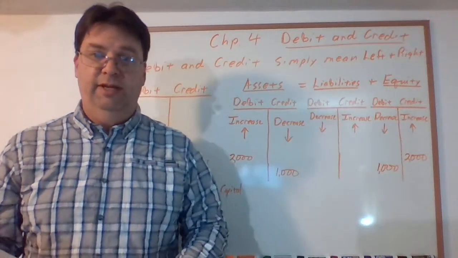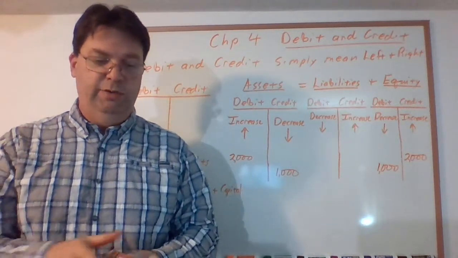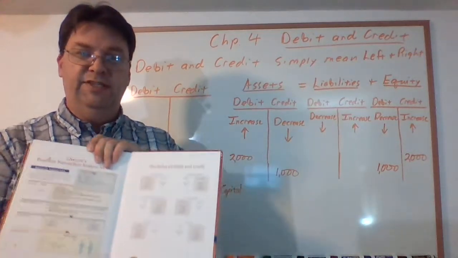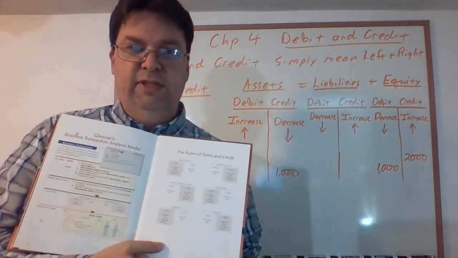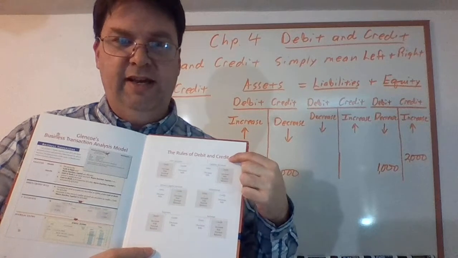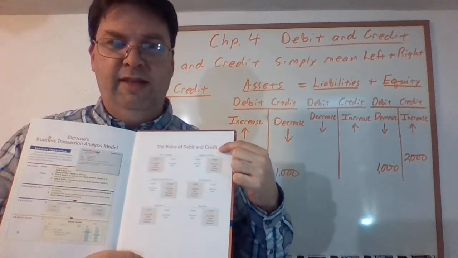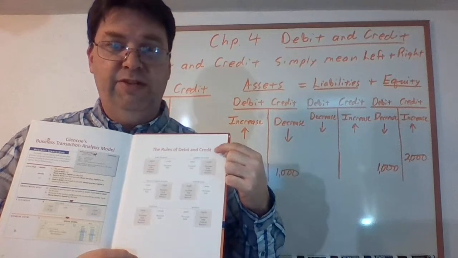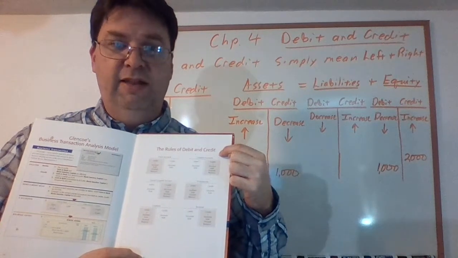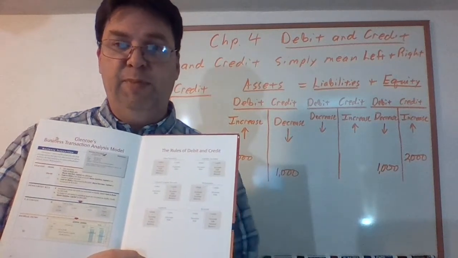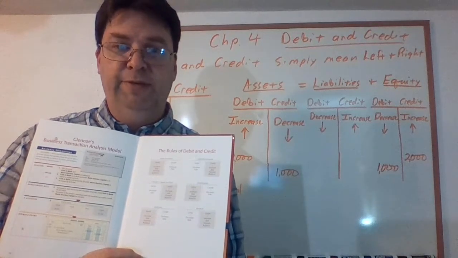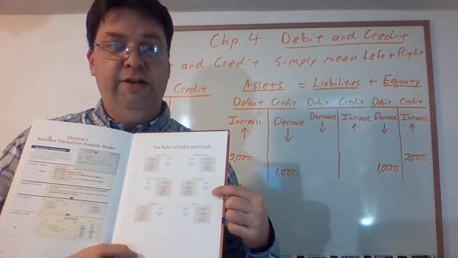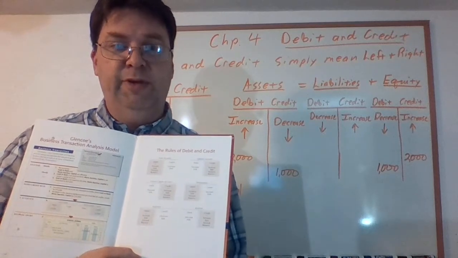In your book, if you open up the back cover, you will find where it says Rules of Debit and Credit. They are right there in the back cover. If you open it up, these are the rules. For all the chapters we're going to do, you need to memorize these things and commit them to memory. But if ever you get confused, especially at the beginning, you should do your worksheets with this open.